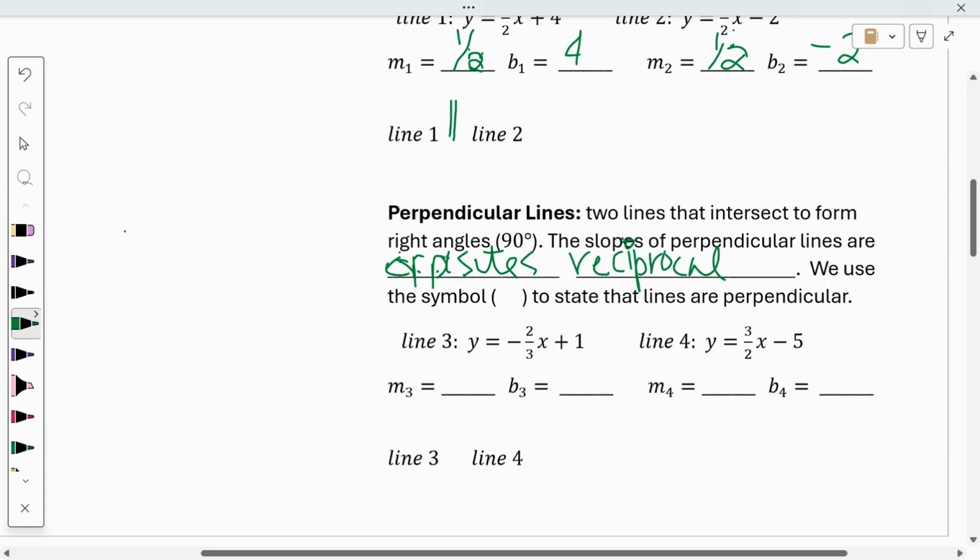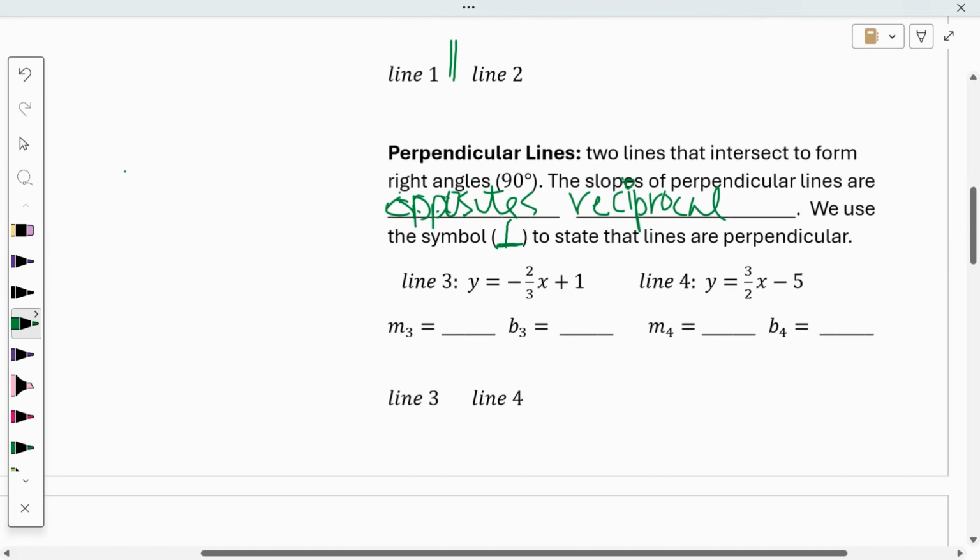My stylus is about out of battery, so this is going to be the best I can do for us. Opposite reciprocal. And we use this symbol to state that two lines are perpendicular, and it's an upside down capital T. That's what it looks like.